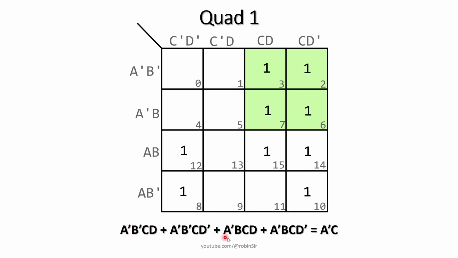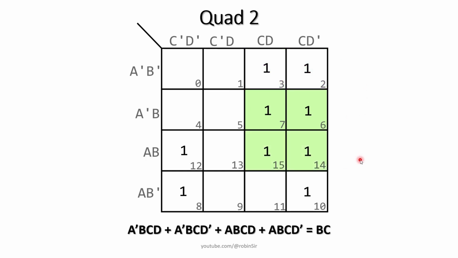Whereas B0 is changing, because B0 changes to B in the third term, and D is changing to D0 in the second term. But A0 and C remain the same throughout. So this is our first quad reduction.